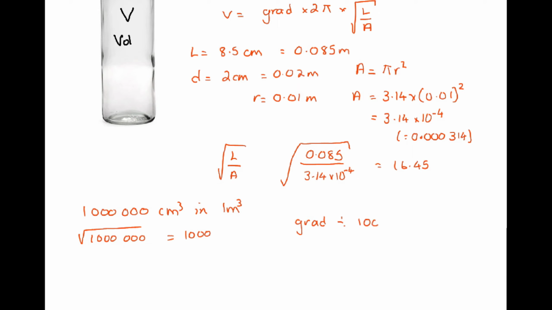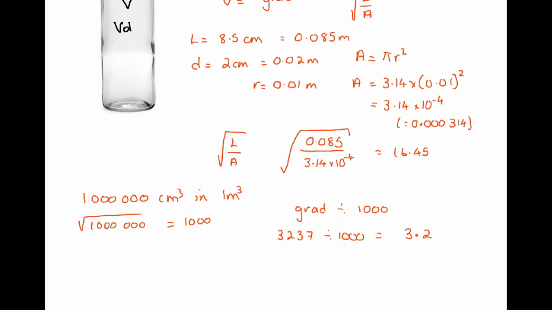So that number that we read on the graph on the spreadsheet was 3237. So when I divide it by 1,000, it's going to give me 3.237. I'm going to round that to 3.2 because most of the measurements we took weren't to any more than 2 significant figures. It seems absurd to keep such a long number in there.